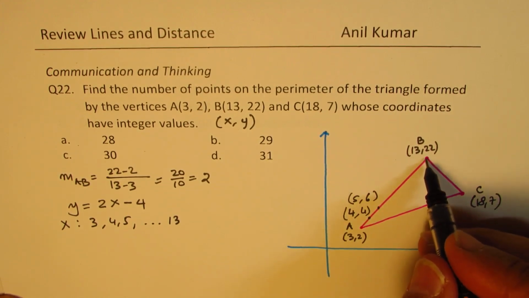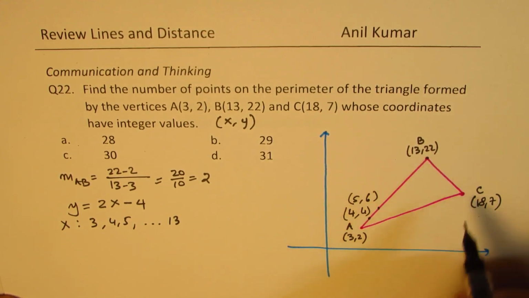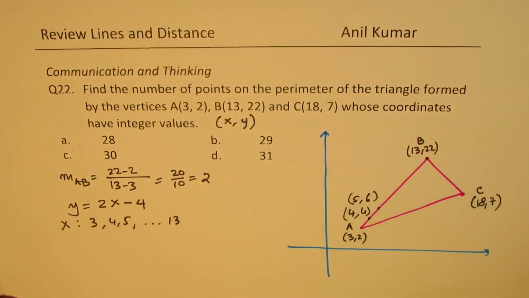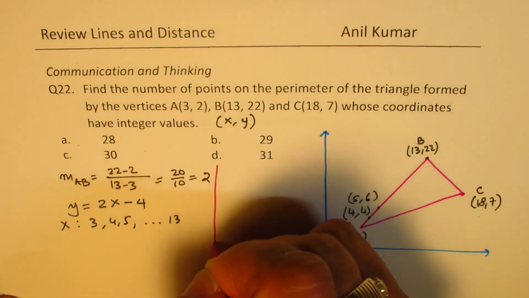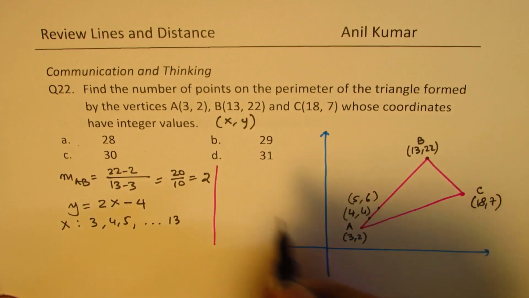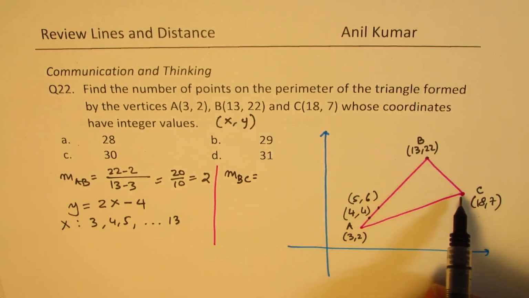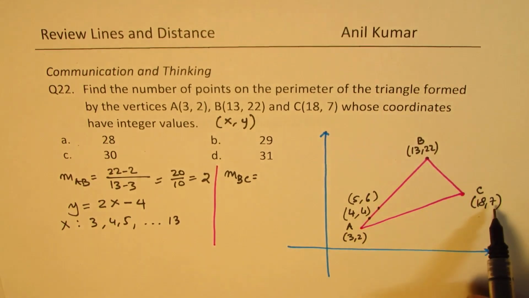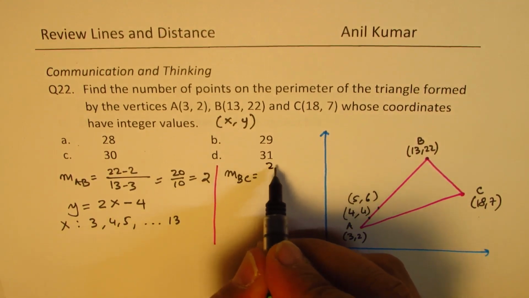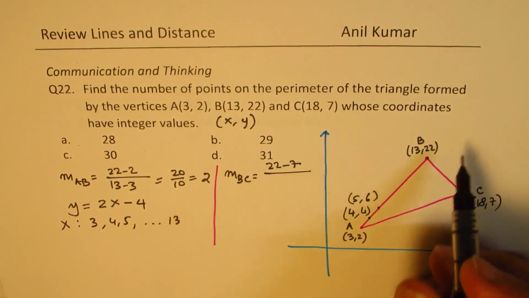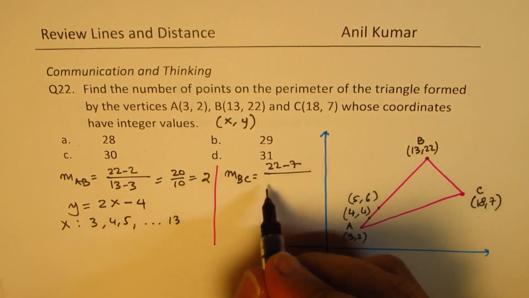Now, let's look into this side, which is BC. Slope of BC is what? Slope of BC, if it is also an integer, then all the points lying on this line segment will have integer values. So slope is 22 minus 7 over change in x value, 13 minus 18.